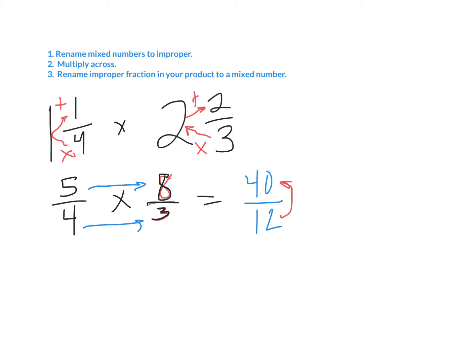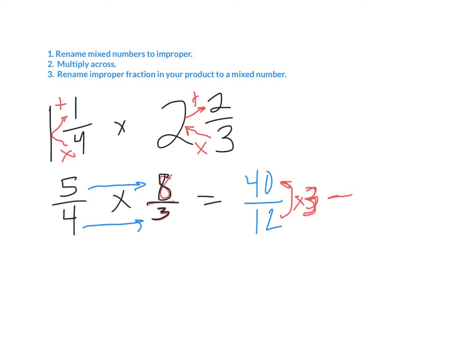And I know that 2 groups of 12 is 24, and 3 groups of 12 I know is 36. So I have 3 wholes.